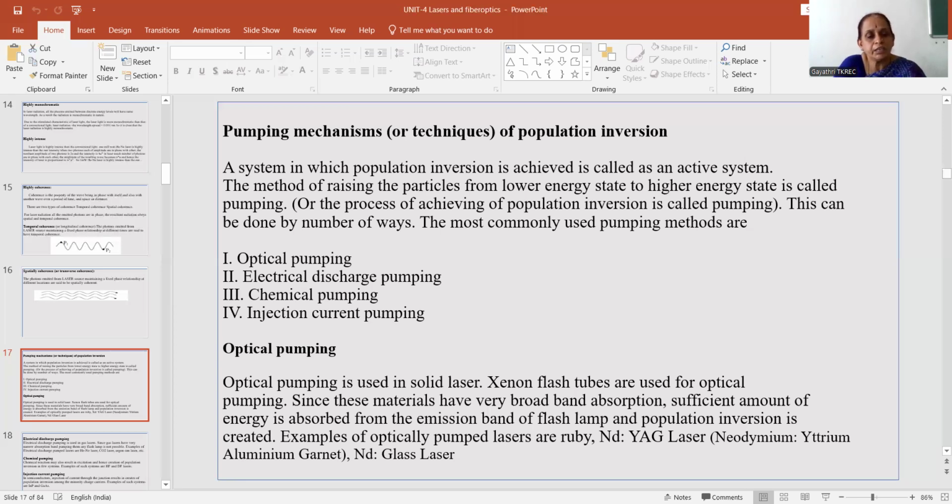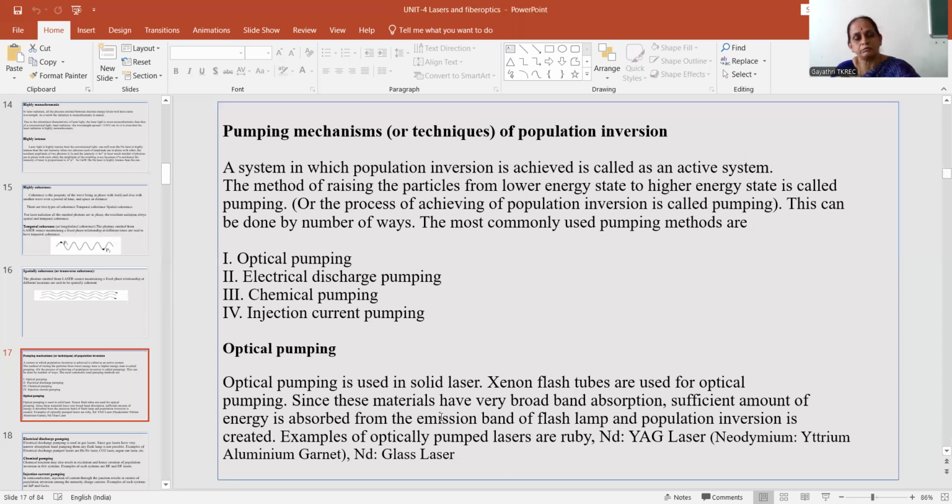We will see them one by one. Optical pumping is used in solid state lasers. An example is the ruby laser, where we use optical pumping.